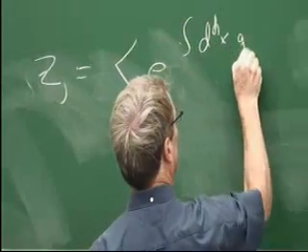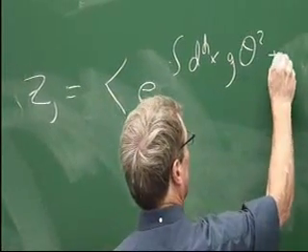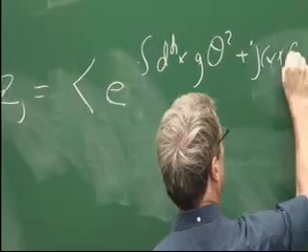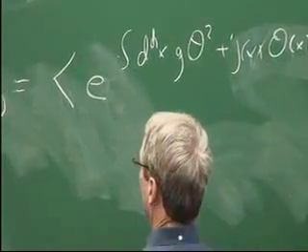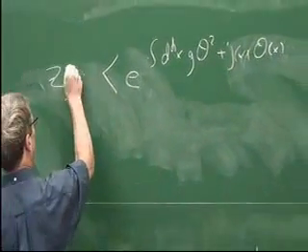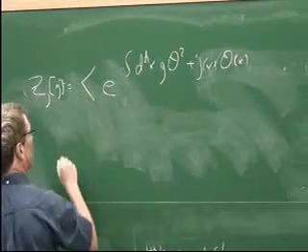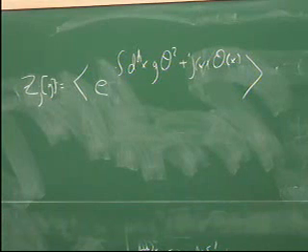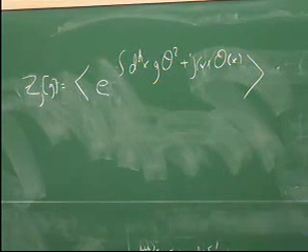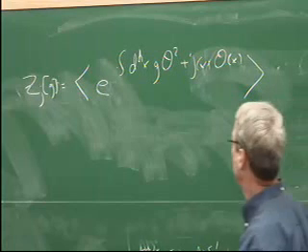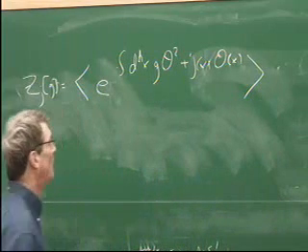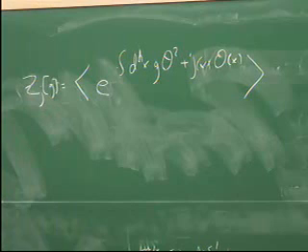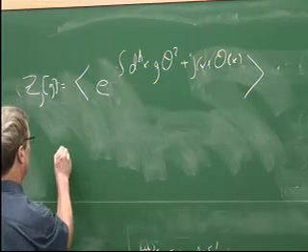Let's perturb. So we have our generating functional for the original CFT, and now we're going to add to it a double trace perturbation. And a nice way to think about this is to introduce an auxiliary field.